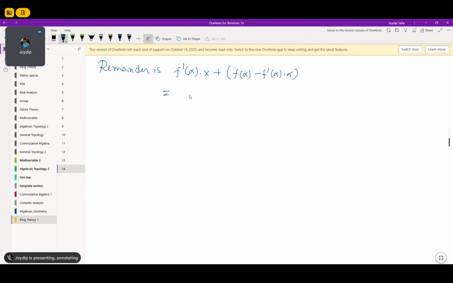Rearranging the terms, I can write f(alpha) + (x - alpha) f'(alpha). So we can write 1 factorial here.